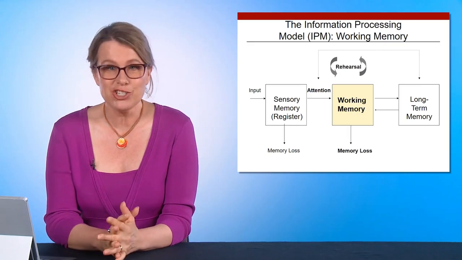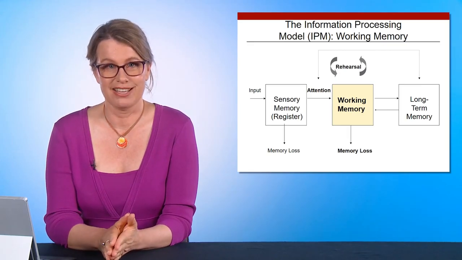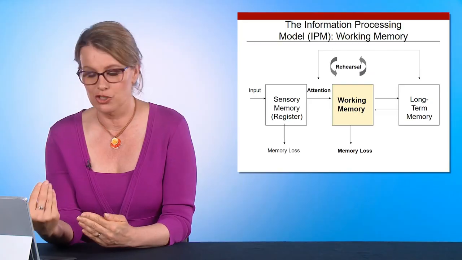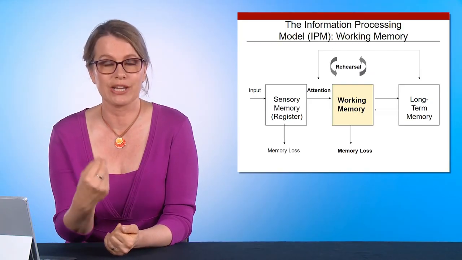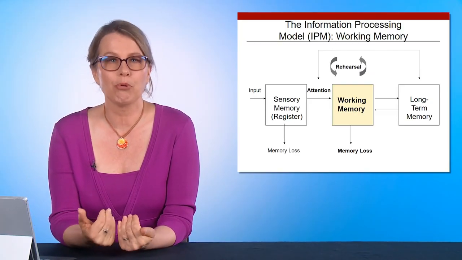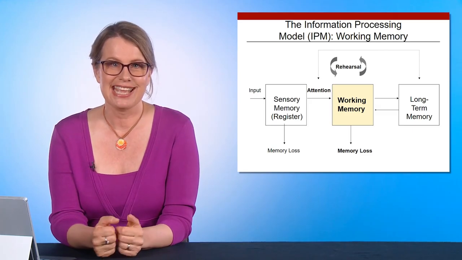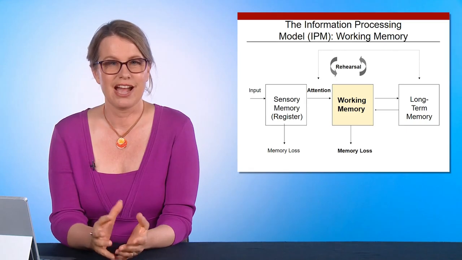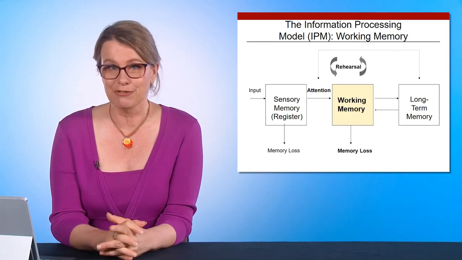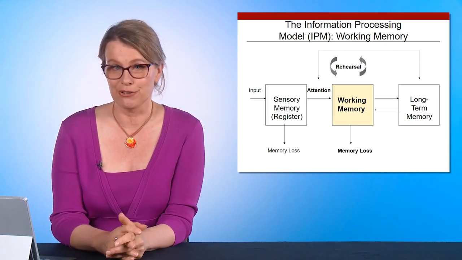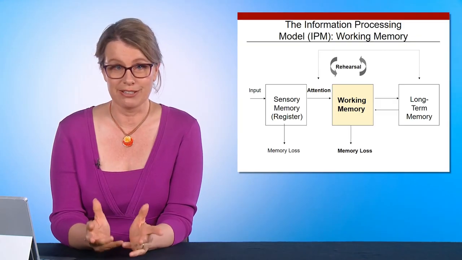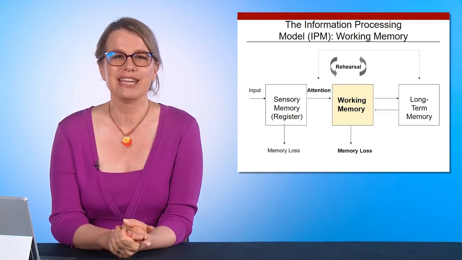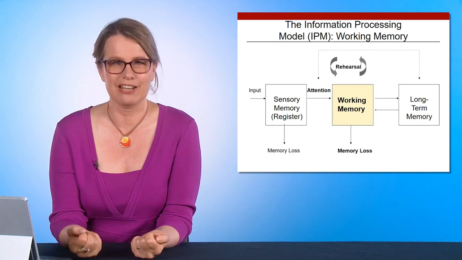Once we pay attention to certain stimuli, we enter them into what we're looking at now, our working memory. This is where we process things consciously and make meaning out of the information we attend to. Our working memory organizes information and makes inferences about it in order to make the new information meaningful.